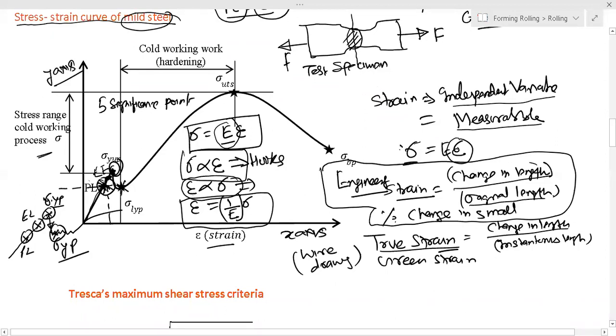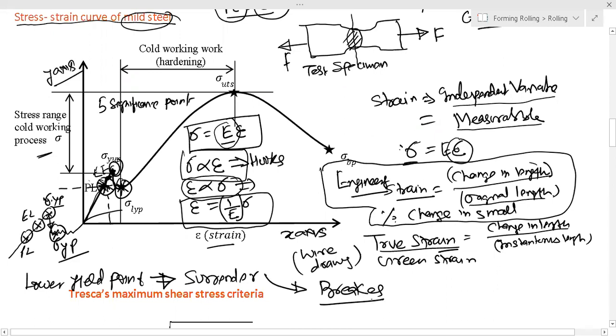So, this is the lower yield point. It has great significance. This is actually material surrender. Material tells that I am done, I am not able to take the load, and now the material starts breaking.